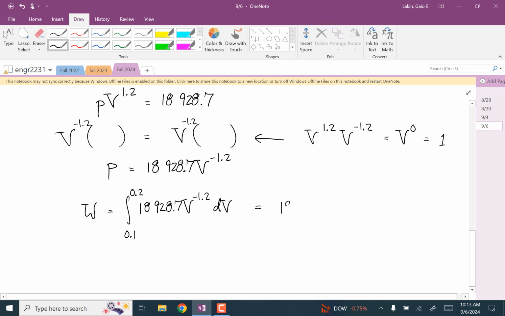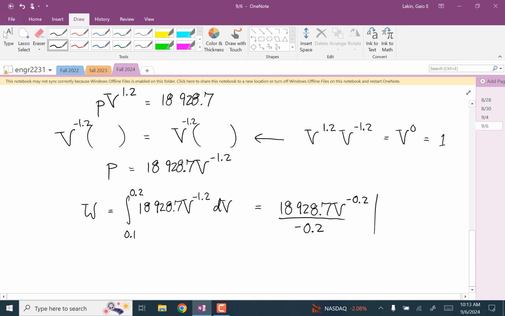And so this is 18,928.7. I'm just using the polynomial rule for integrals. So this is now negative 0.2, and so we're dividing by negative 0.2.